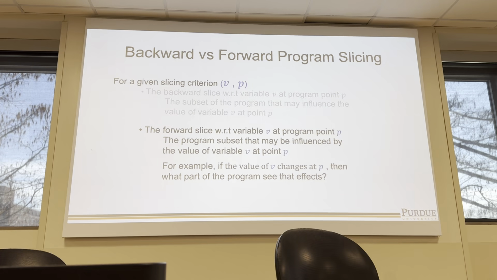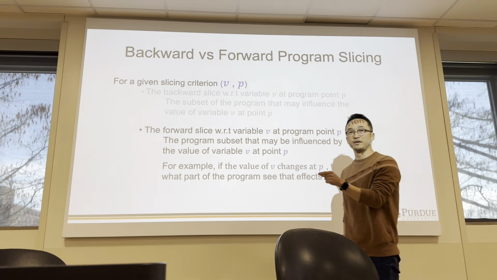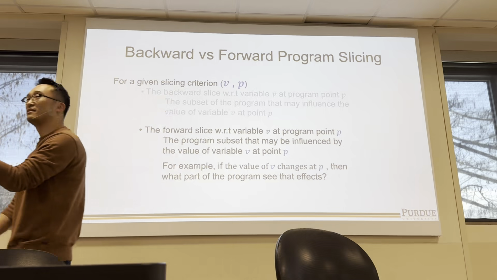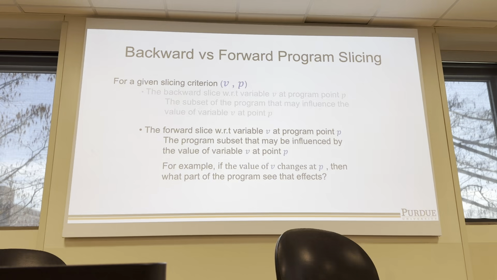But then for the same pair of program slicing criteria, I'm still interested in the value of a program variable v, exactly the same program point of interest. I'm still interested in the value right in there. But now, I'm interested in a slightly different kind of subset of a program. And this is technically the way we define forward slicing.